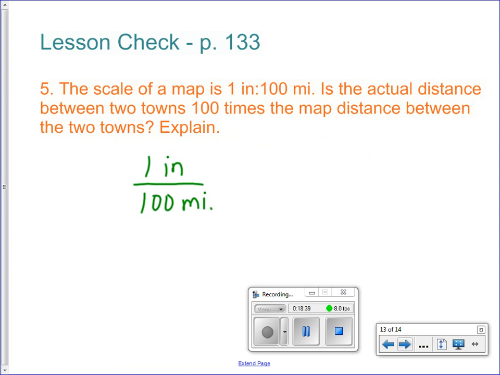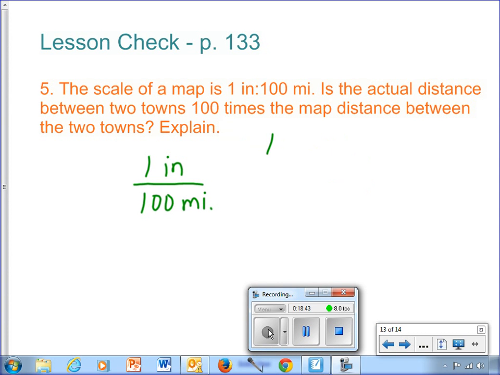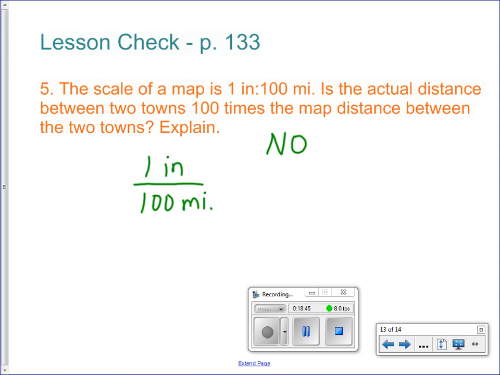All right, the answer to this question is no. And the reason is our units of measurement are not the same. 100 miles is much more than 100 times 1 inch. So for that reason, the answer would be no.